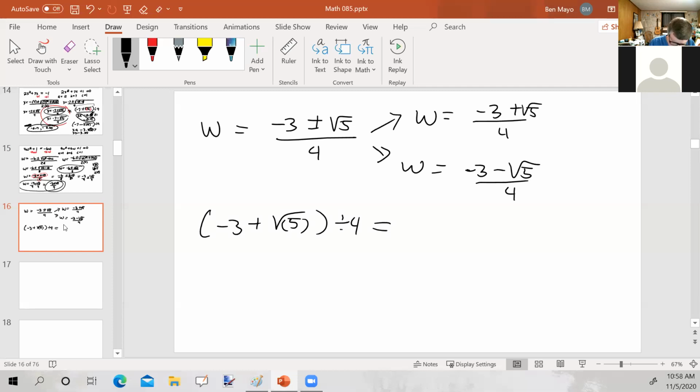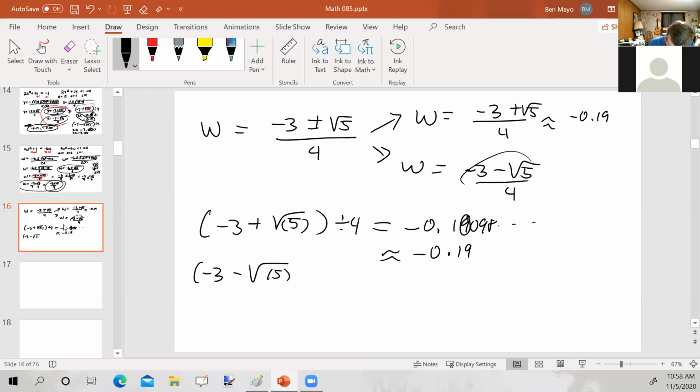And for that one, I'm getting -0.19098, etc. So rounding to the nearest hundredth, I would get what? -0.19. Okay, so that's that answer.